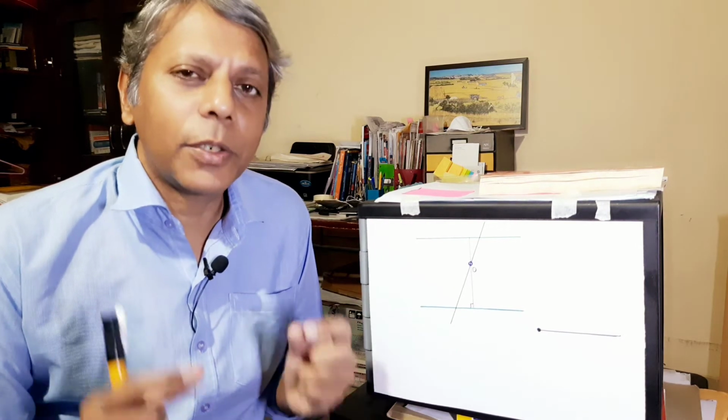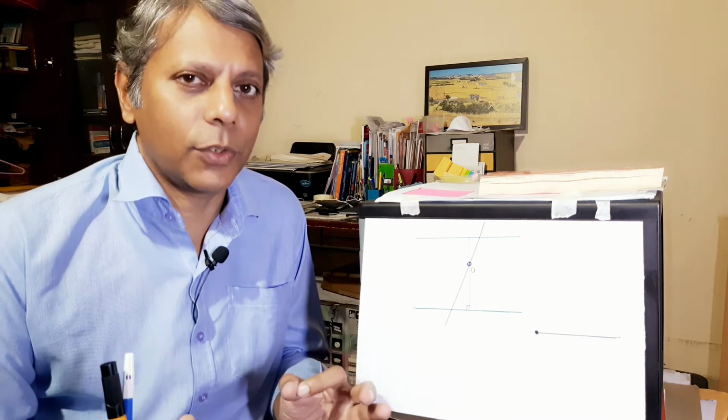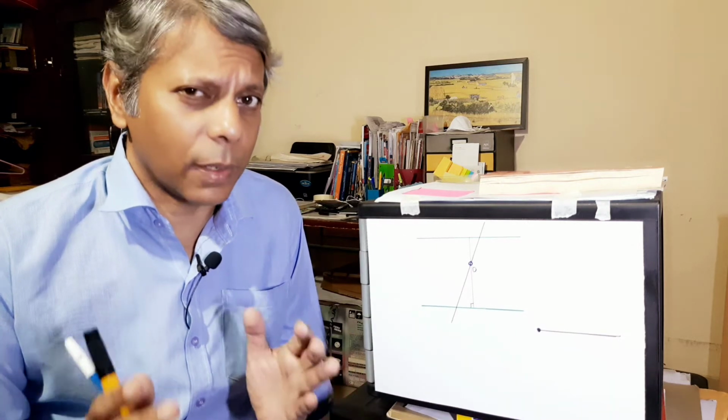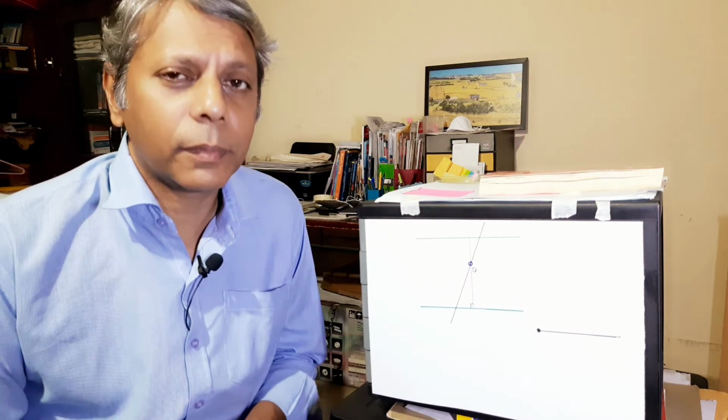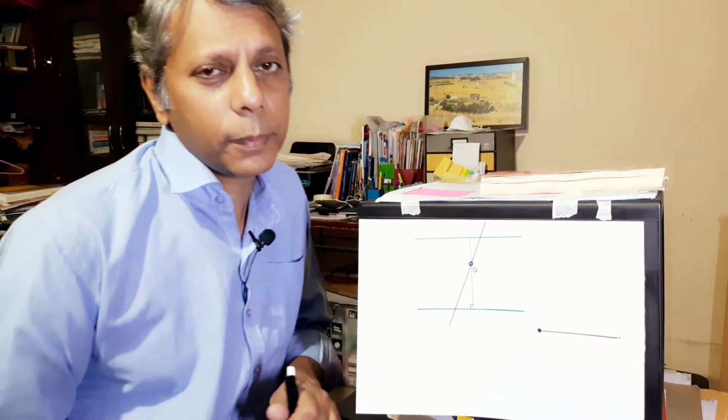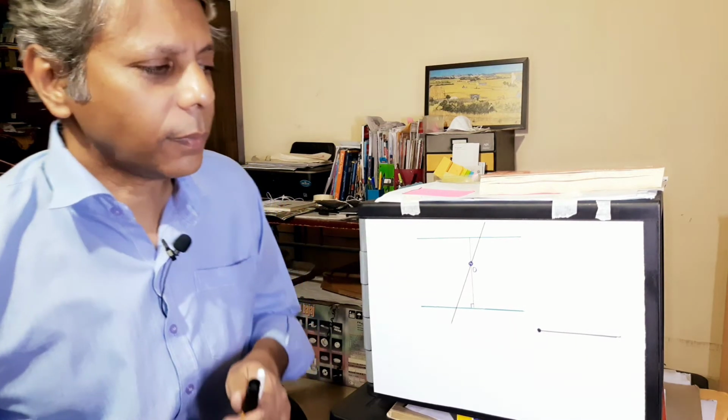But for that, you need to know some basics, and one of the basics in geometry is the idea of parallel lines, and along with it comes an understanding of angles. That is what we're going to handle today.